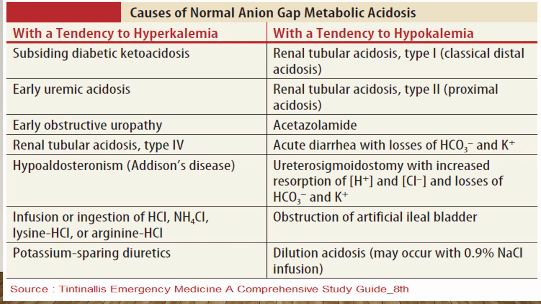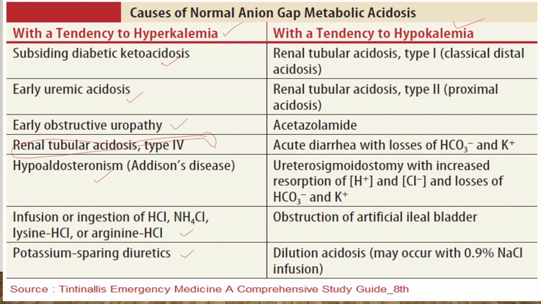Of normal anion gap metabolic acidosis, the examples are divided into two: those with a tendency for hyperkalemia and those with a tendency for hypokalemia. With hyperkalemia, we have subsiding diabetic ketoacidosis, early uremic acidosis, early obstructive uropathy, renal tubular acidosis type 4, hypoaldosteronism, infusion or injection of HCl, NH4Cl, lysine hydrochloride, arginine hydrochloride, and potassium-sparing diuretics.